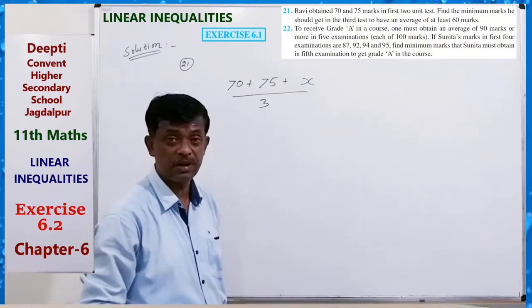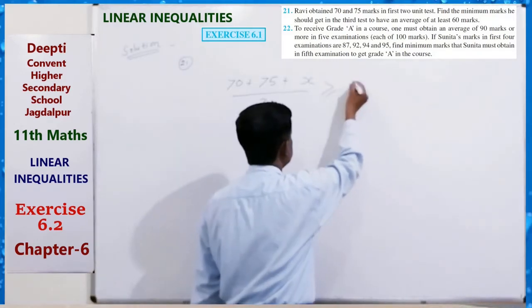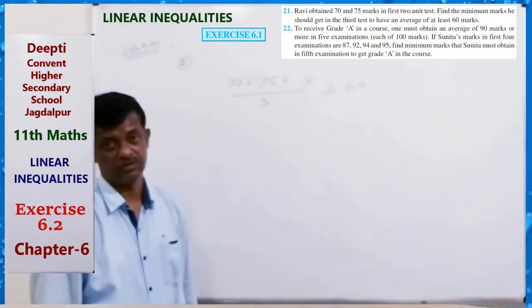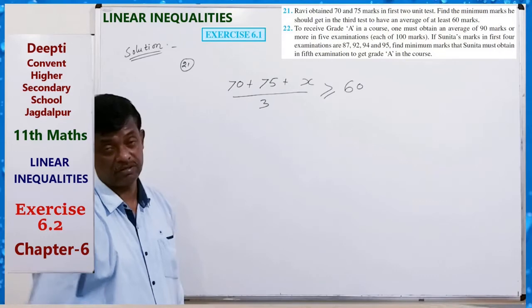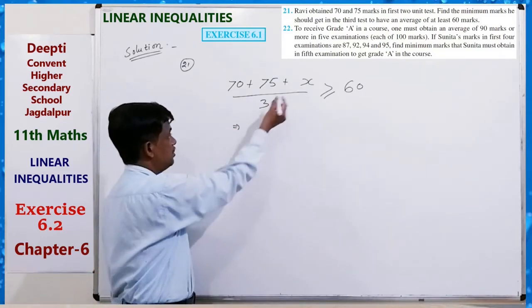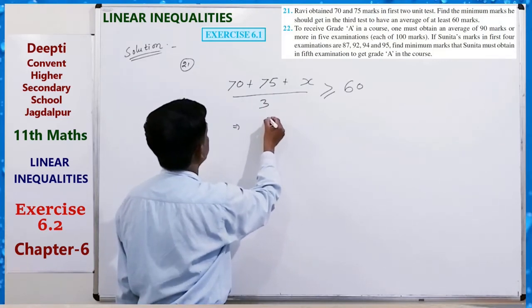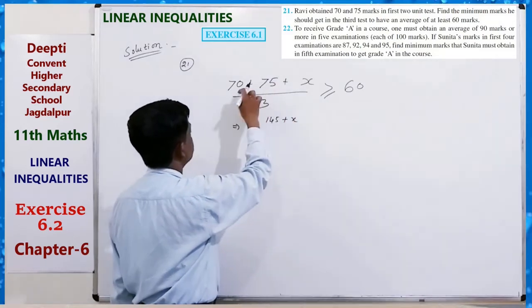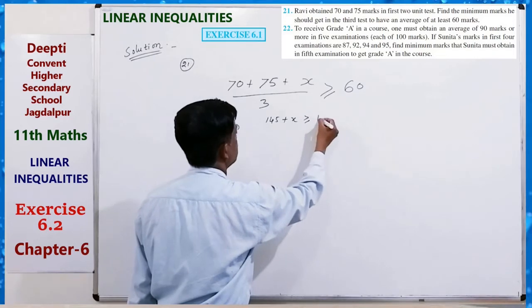At least 60 marks means greater than or equal to 60. This will be an inequality, and we just have to solve it. The minimum value of X will give the solution. X is the third test marks, so (70 plus 75 plus X) divided by 3 is greater than or equal to 60. 70 plus 75 is 145, so 145 plus X.